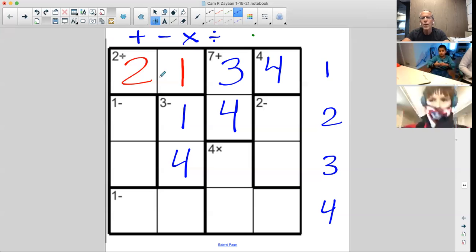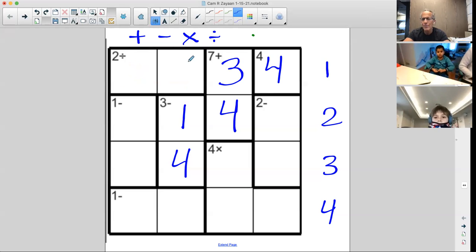No, because 1, 2. Zayaan, it's got to be 1 2. Do you understand that you're not allowed to have 2 1s in the same column? Give me a thumbs up if you understand that. Okay, so Zayaan, what order do they have to go in? 1 and 2. Beautiful.